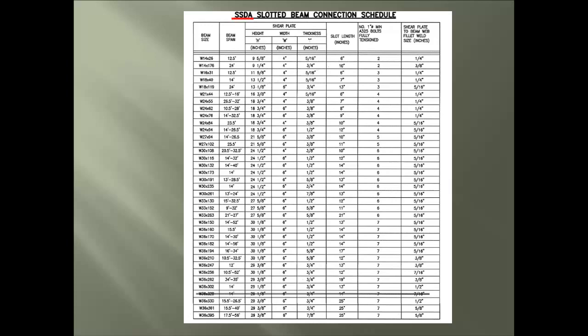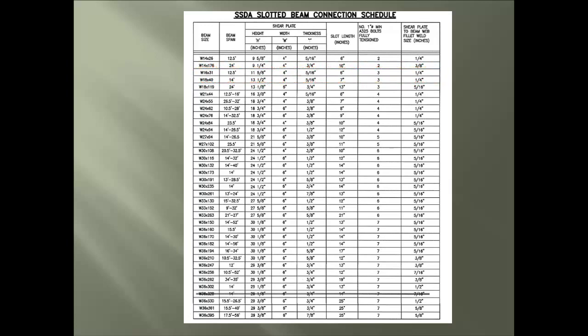First, what does SSDA stand for? Seismic Structural Design Association. Second, notice there is vertical columns and horizontal columns.